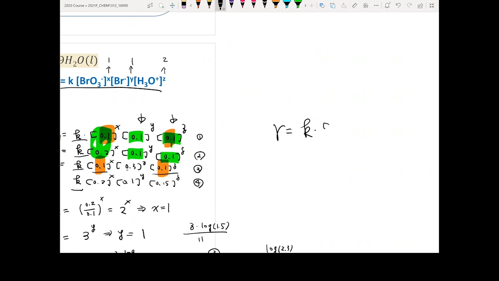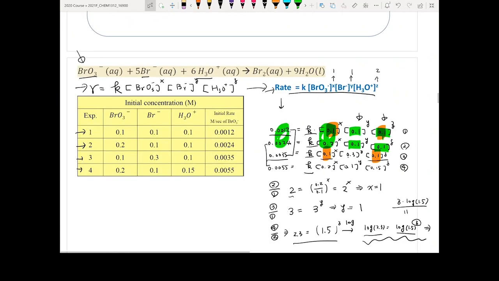What's the order for your H3O plus? What is the value of your k? Can you know it? You can, right? Because do you know the rate? Do you know the concentration of each species? Do you know the x, y, and z? Can you back calculate your k? That's all you need to know for this. Got it?